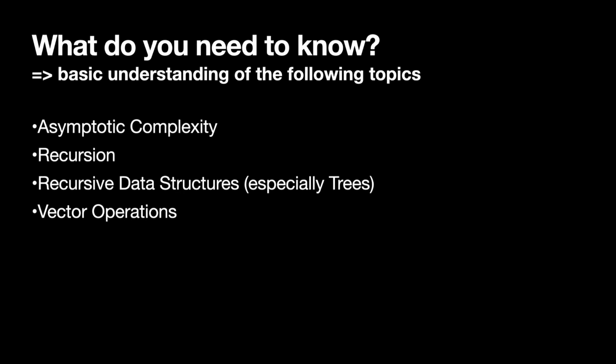You should also know about recursive data structures, especially trees, because we will implement a special variety of tree, the quadtree. And you also need to know the basics of vector operations, such as multiplication, how to calculate the length, and normalizing vectors, and so on.